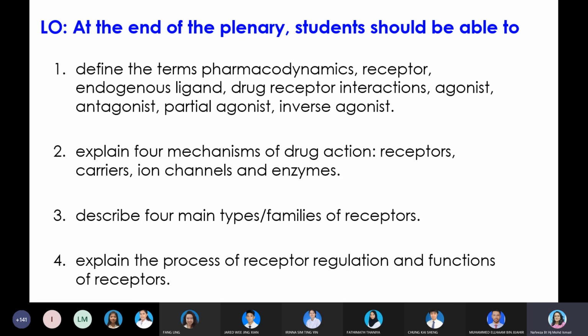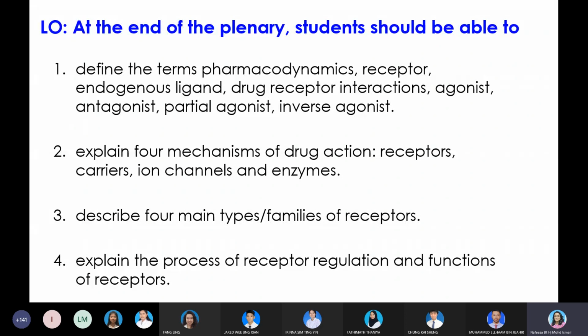All right. So we have four LOs, and we'll talk about the definition of terms such as pharmacodynamics, what receptors are, what endogenous ligands are, what drug receptor interactions mean, terminologies, and the definition of agonists. LO2 covers the four mechanisms of drug actions. That's really connected to LO3, because when we talk about the four mechanisms of drug actions through receptors, we have to talk about the four main families of receptors, which is LO3.